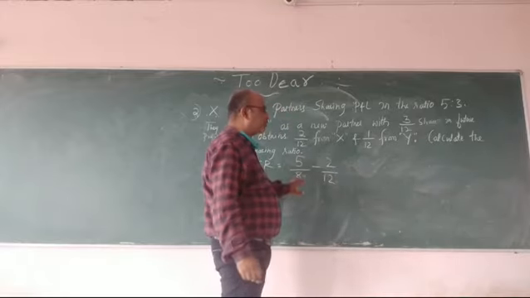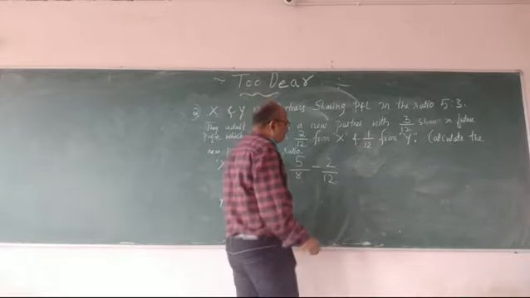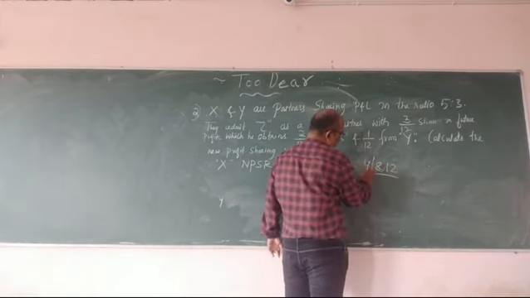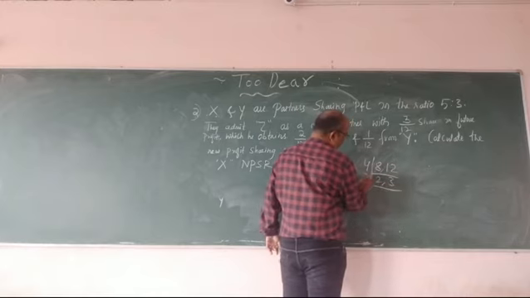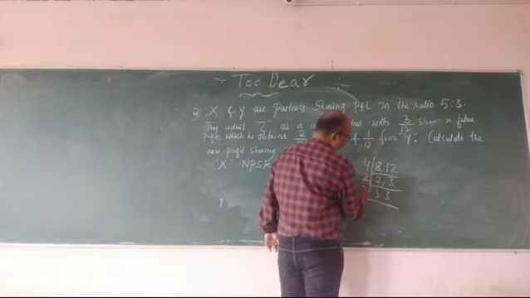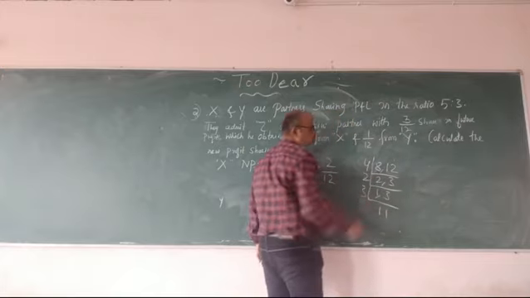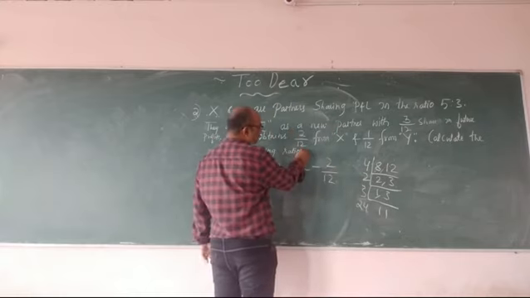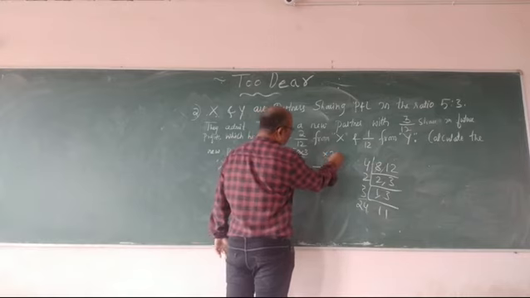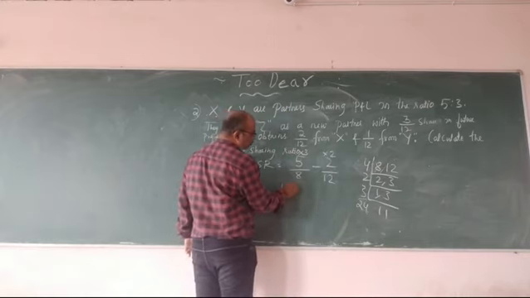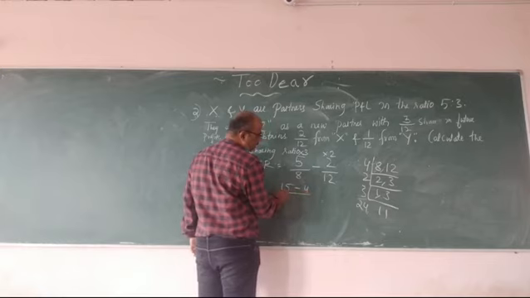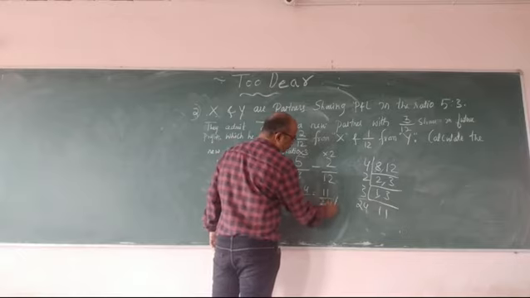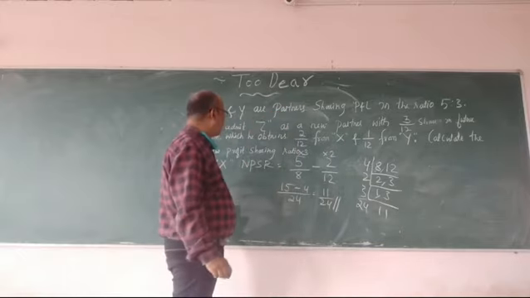Here the calculation will be lengthy, so we will consider the LCM. 24 will be the LCM. 8 threes are 24, 12 twos are 24. 5 threes are 15, 15 minus 4 by 24 equals 11 by 24. This is the new profit sharing ratio of X.